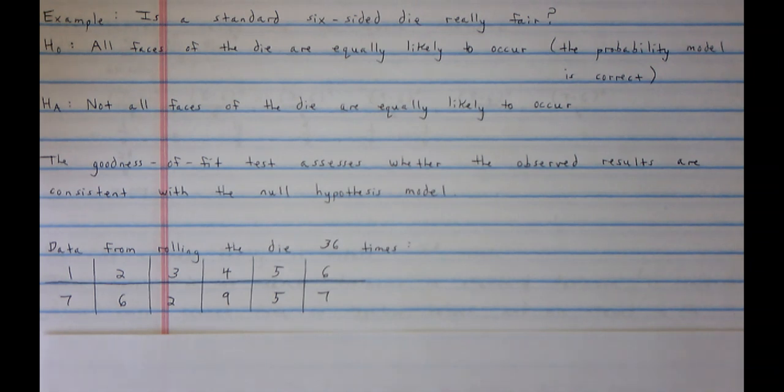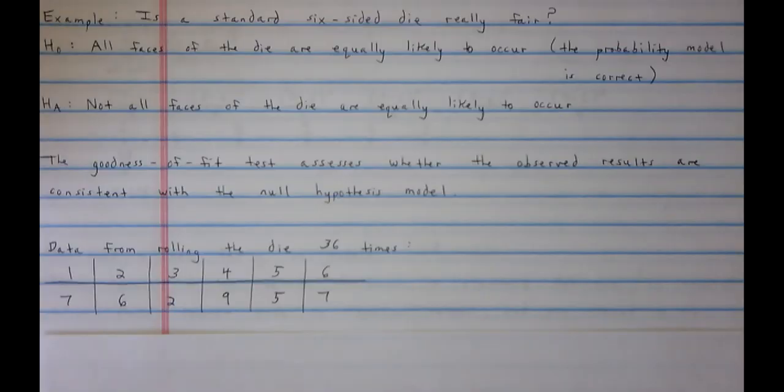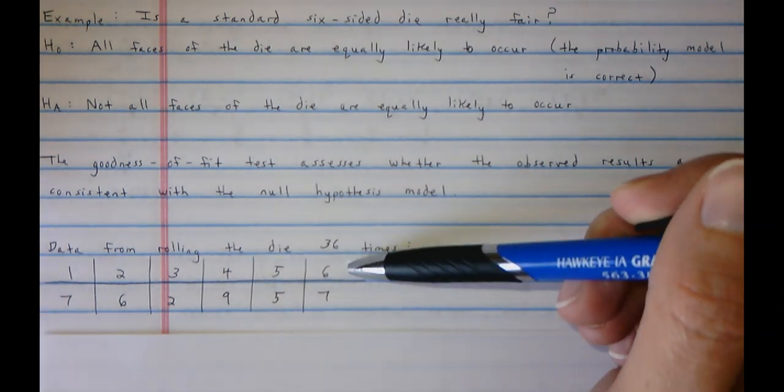So let's suppose I roll the die 36 times. I just used an online site to do this. Here are the outcomes. So I'll record those in a table here. In the top row, we have the 6 possible outcomes from rolling the die.